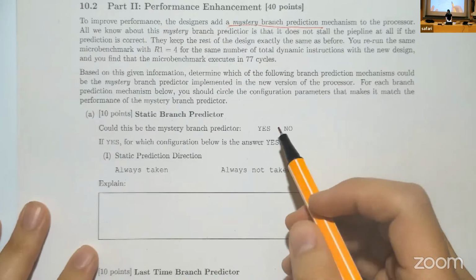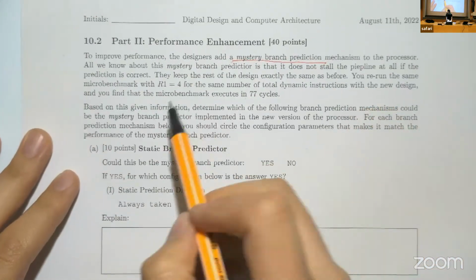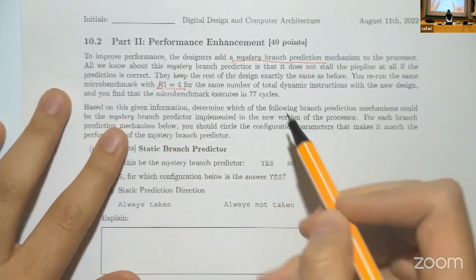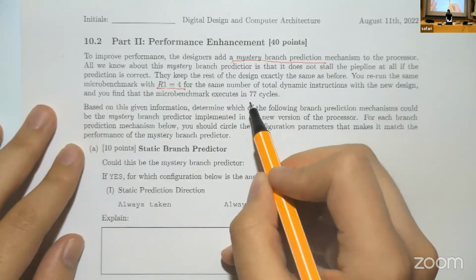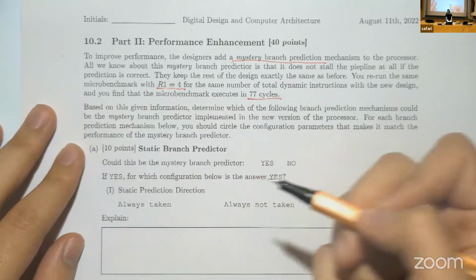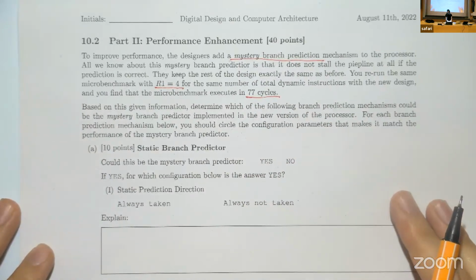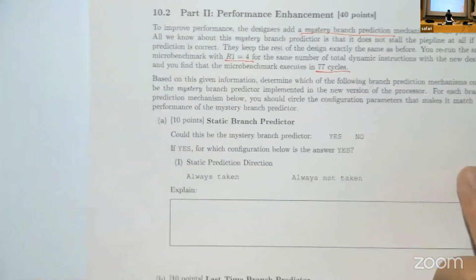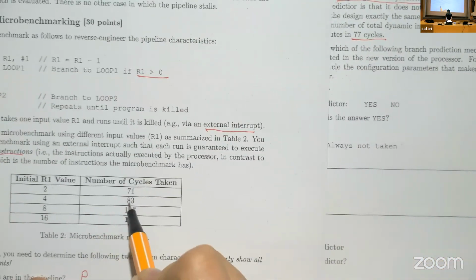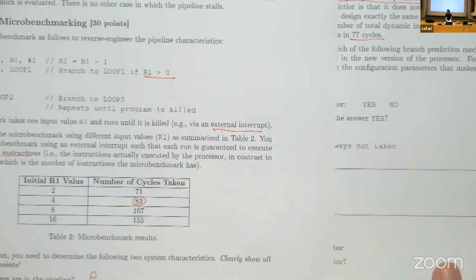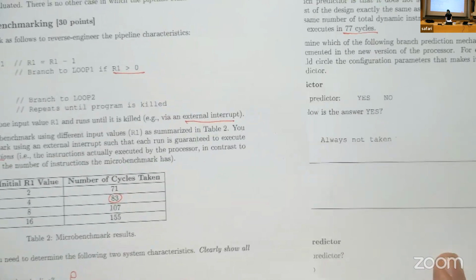And here, for R1 equals 4, we know that with this new design, the program executes in 77 cycles. To compare, here we know that it took 83 cycles.